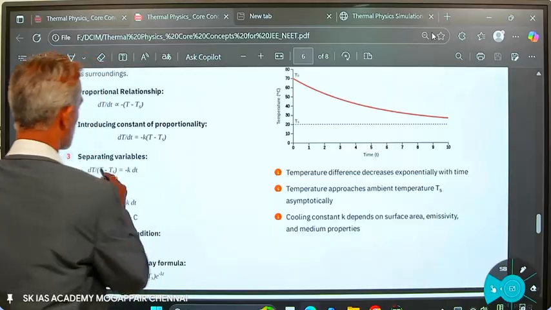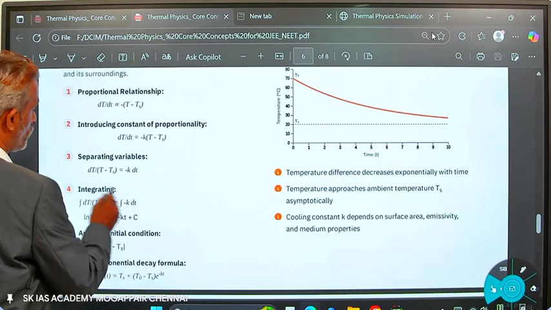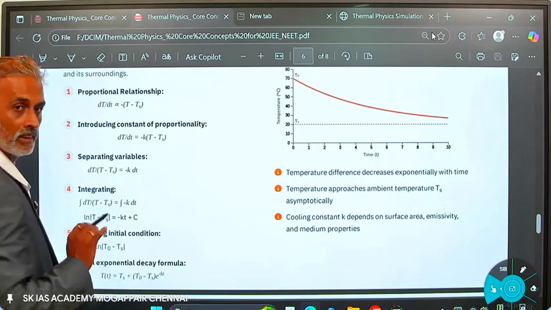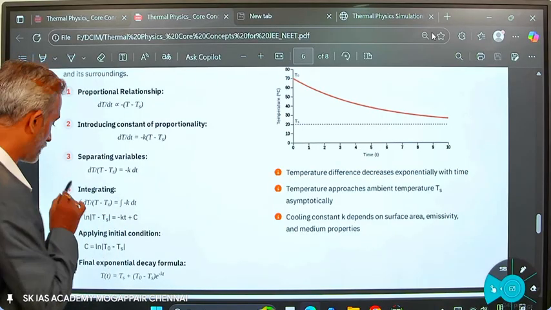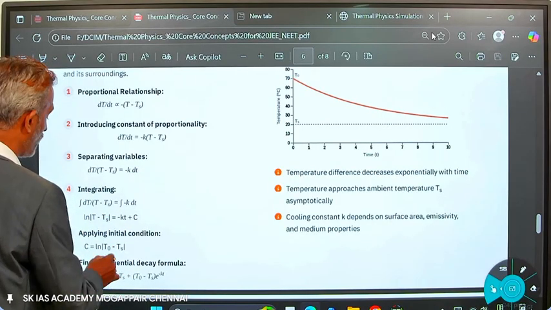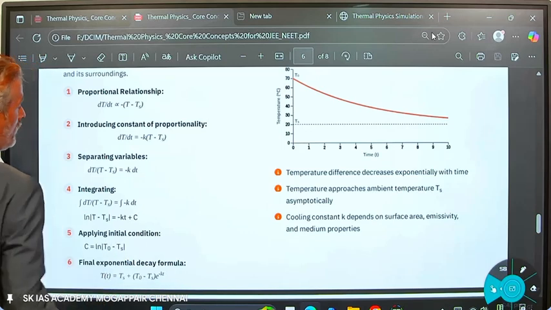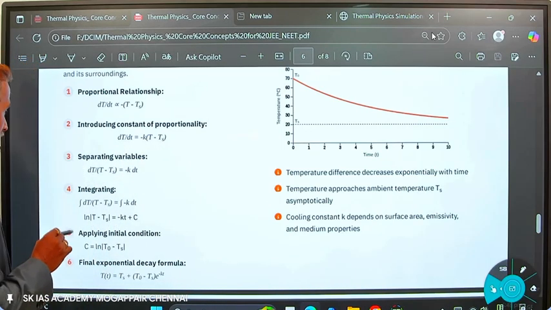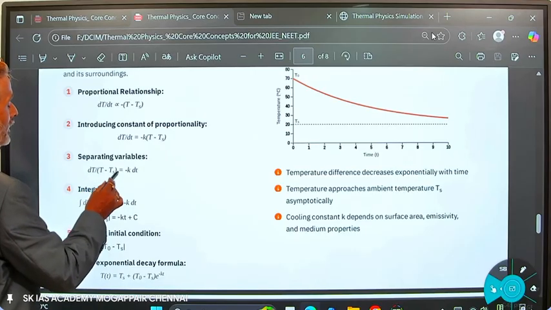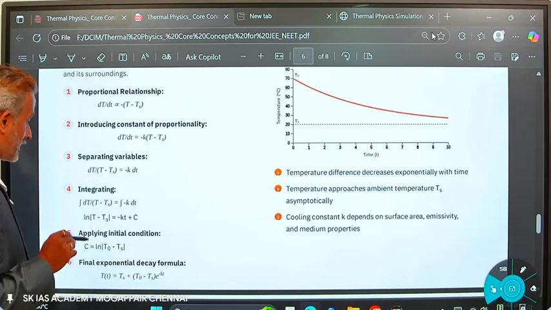Separating variables and doing the integral. After integrating, you will get this. Applying the initial conditions: dT by (T minus Ts) is equal to minus k dt.